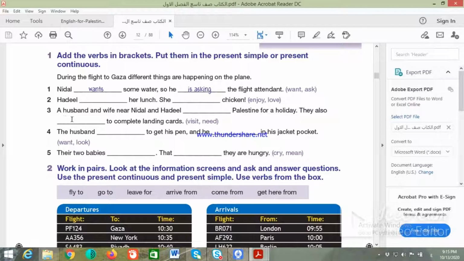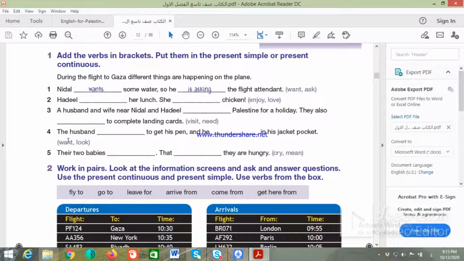Okay. Number 3, a husband and wife near Nidal and Hadil space, Palestine for a holiday. They also space to complete landing cards, visit and meet. Okay.